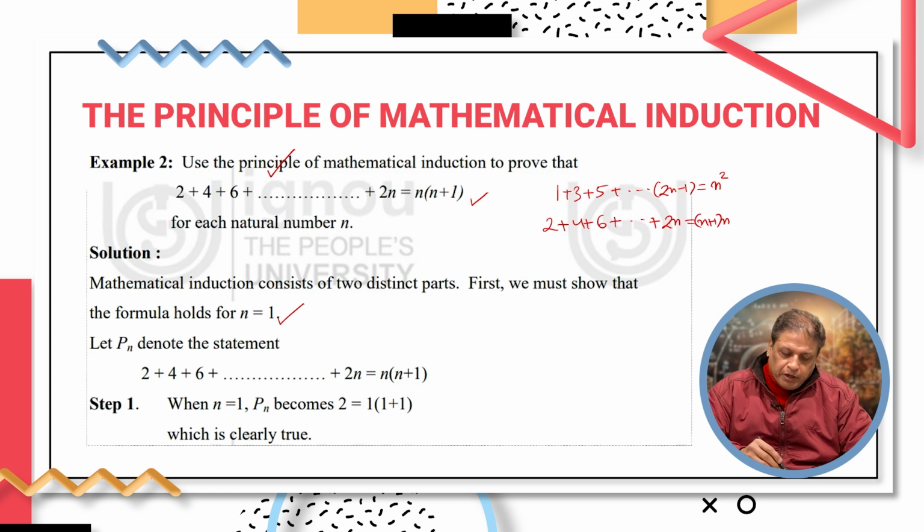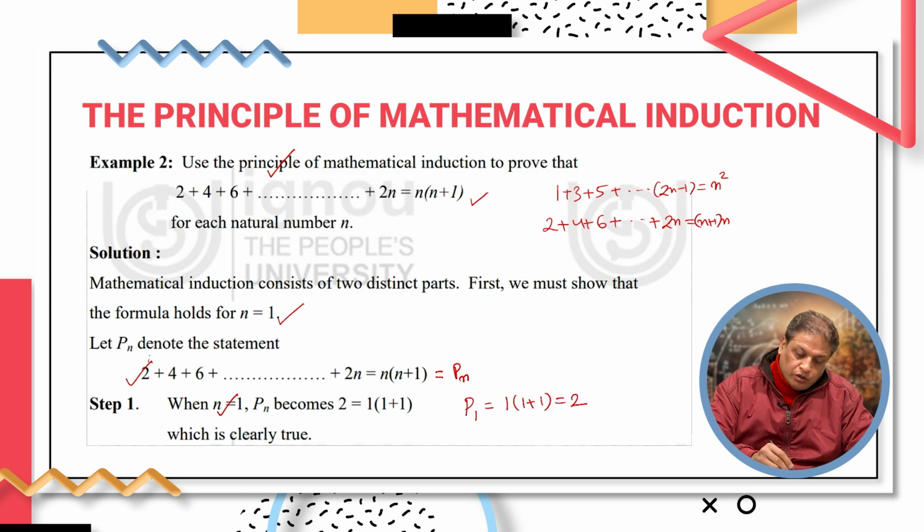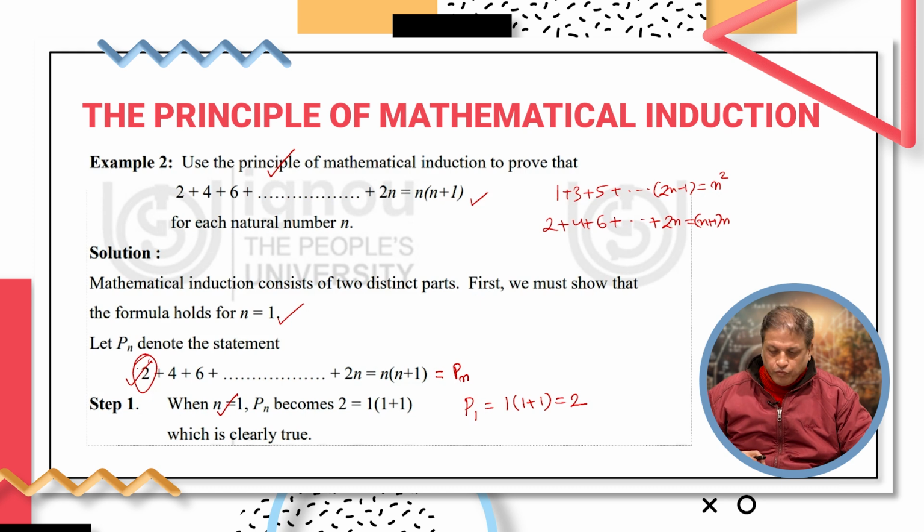So, we denote the statement 2 plus 4 plus 6 up to 2n is equal to n into n plus 1 by the term Pn. For the first term, n is equal to 1, P1 will be equal to 1 into 1 plus 1, that is equal to 2, which is clearly true because the first term is 2.